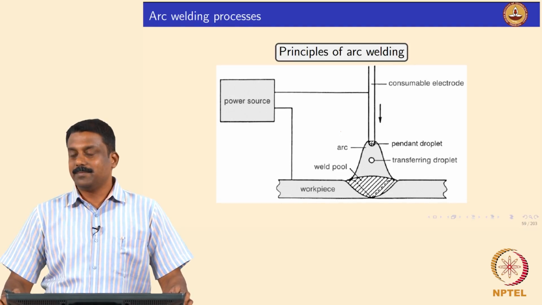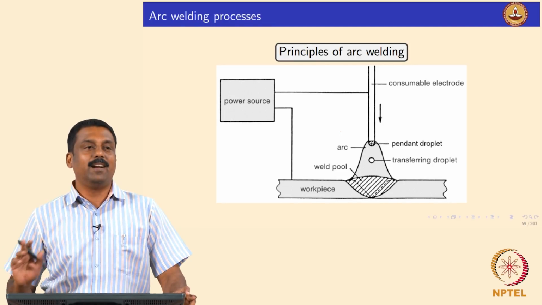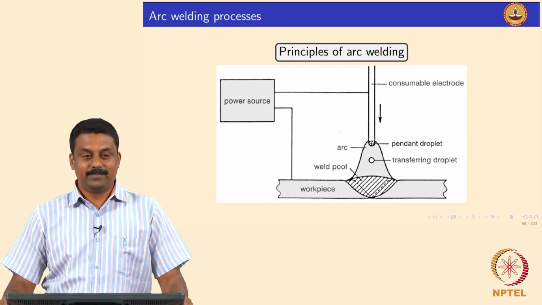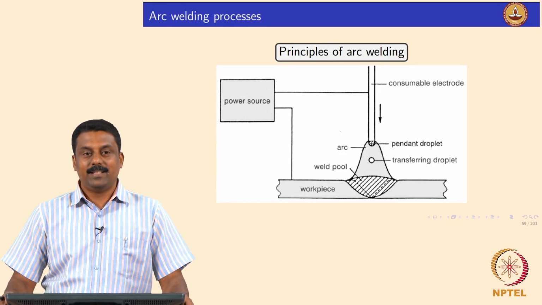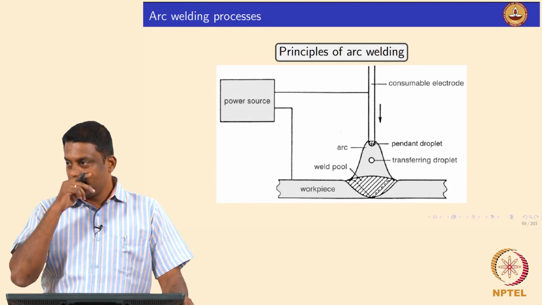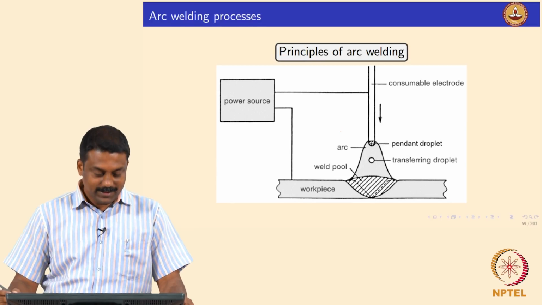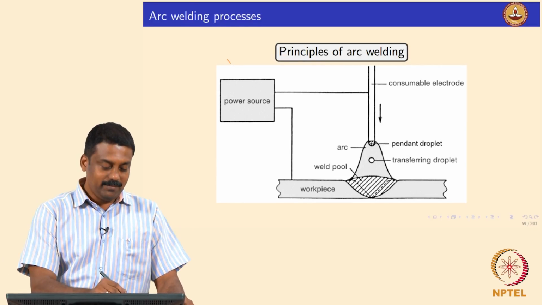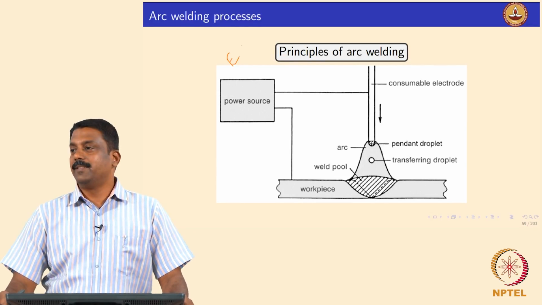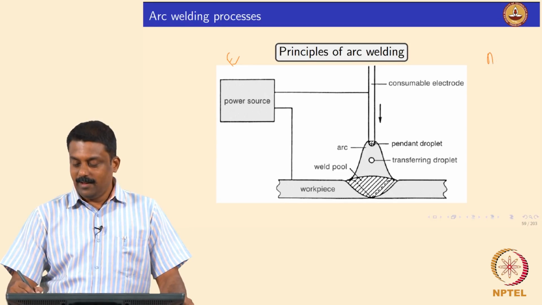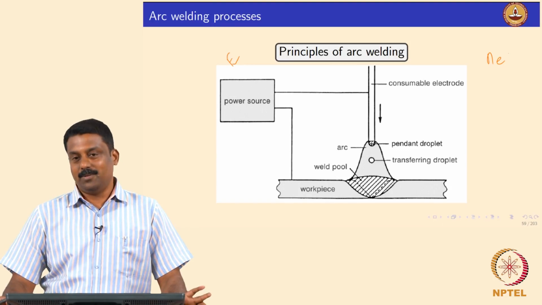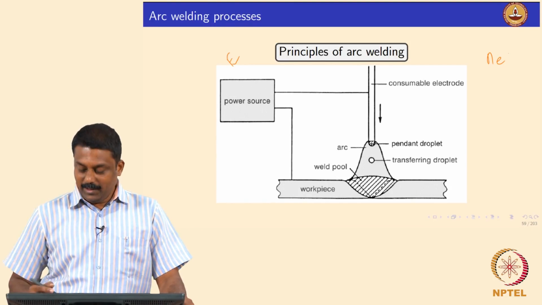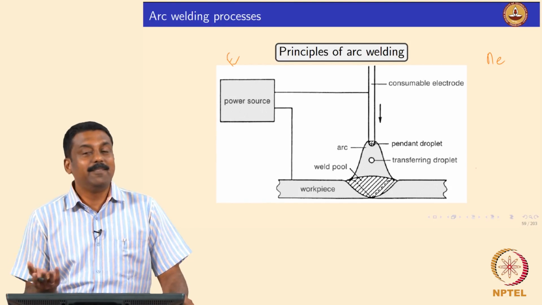So, I am showing you a very simple schematic of a typical weld setup. Now we are moving on to the actual welding setups and welding processes. Obviously you need to give E, and then you need to generate electrons. For that you need a cathode, and then you need an anode to receive whatever you generate.